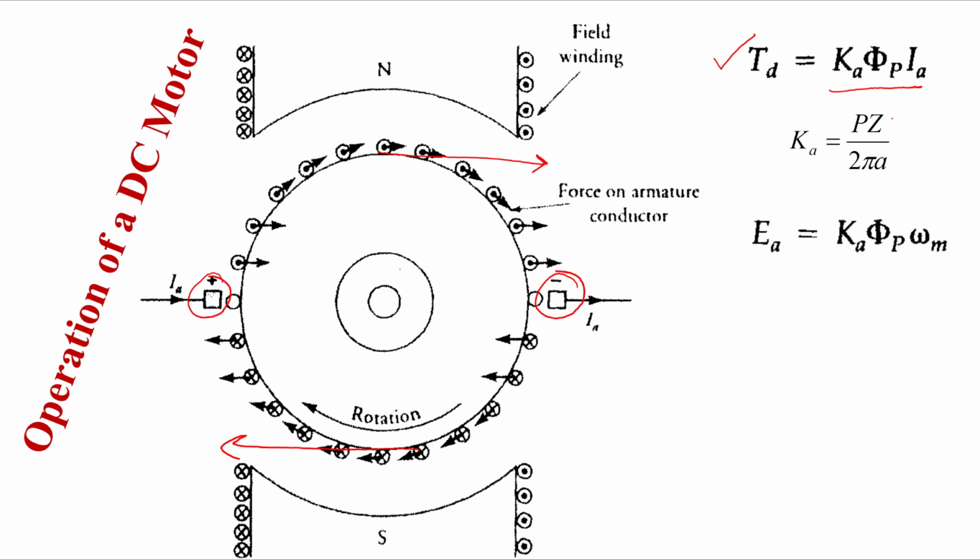And of course again we have seen the induced EMF, the generated EMF we can say. In case of generator, the generated EMF is because the coil is moving inside the magnetic field. Now the question is, how does this generated EMF come into picture in case of motor?